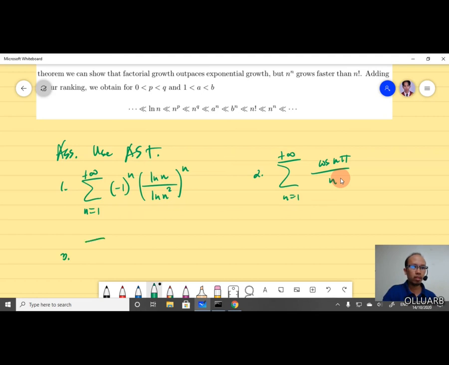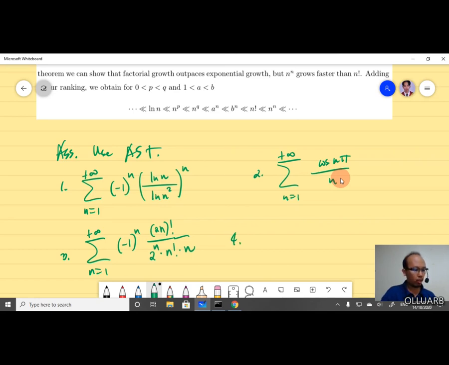Number 3, summation of negative 1 to the n, 2n is the quantity 2n factorial over 2 to the n times n factorial times n, where n starts from 1 to positive infinity.